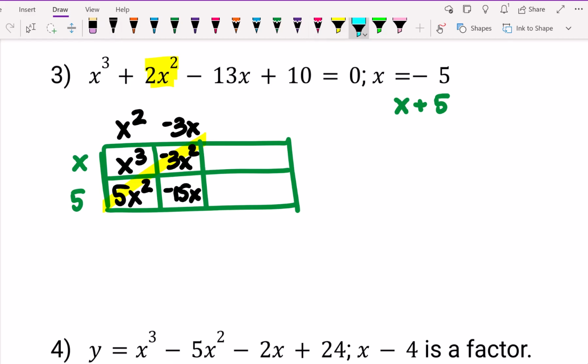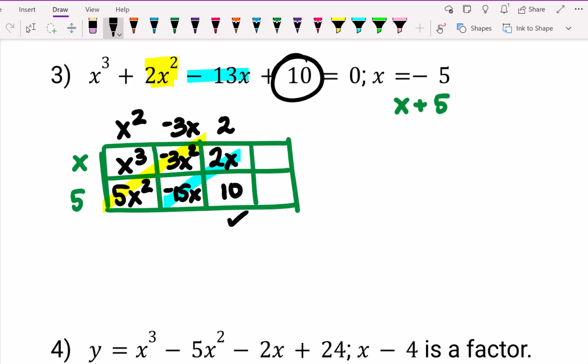And then I'm going to have to add my diagonals one more time. That's going to be, let's see, I got to think, 2x. I always just kind of double check when I'm working it out. Yes, that does add up to be negative 13. Work backwards, 5 times 2 is 10. That does work. If that's not the same number here, something is wrong.